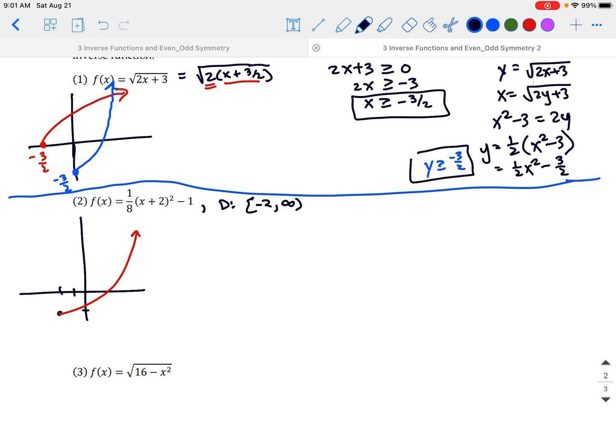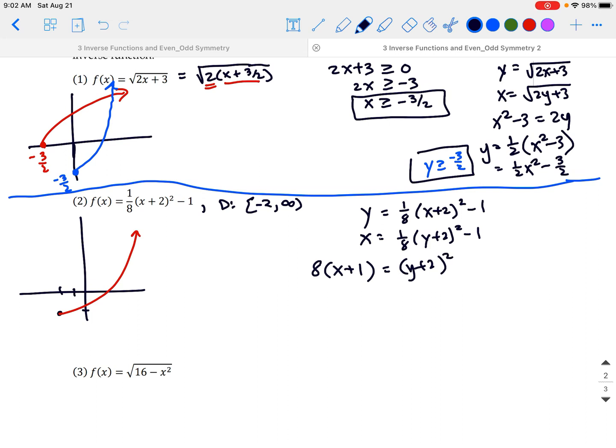And now we're going to find the inverse function. So y is equal to 1/8 times (x plus 2) squared minus 1. We'll swap our variables and then start the process. So it looks like we can add 1 and then multiply by 8. And then we can square root both sides.